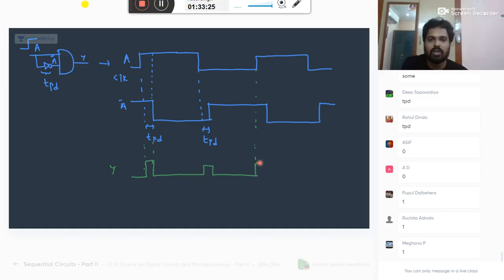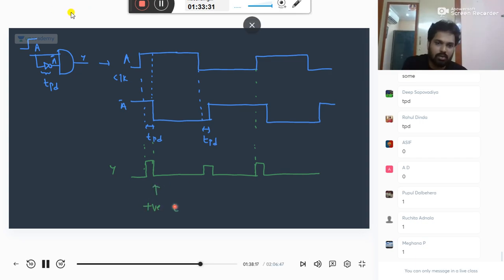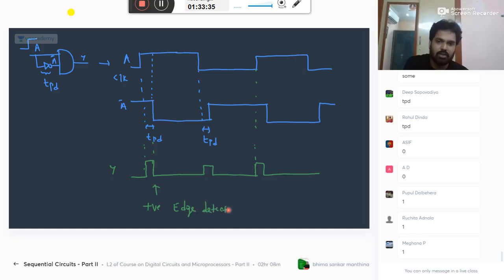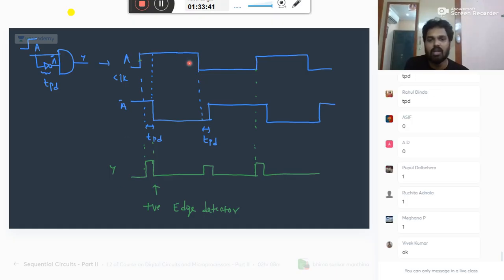Okay, so what is this circuit? It is called a positive edge detector. Everybody okay or not? Every time the clock positive edge comes, it will give a small duration pulse in the output.